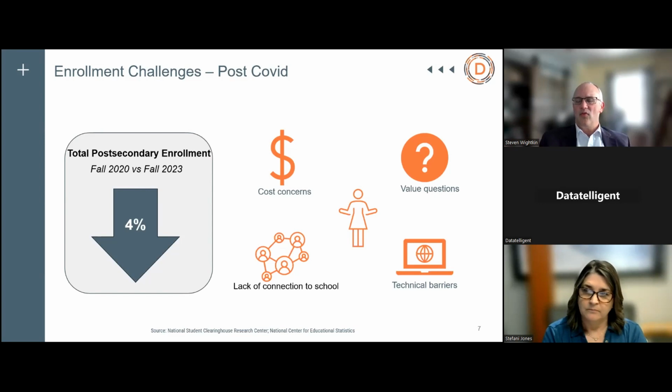But COVID accelerated delivery models of education. There was a move to more remote education, online learning, which is great for some students, but for some students, it was a barrier to actually get to that school. They had problems because they didn't have the right equipment, they didn't have Wi-Fi, et cetera. So that was a potential barrier for them to attend school.